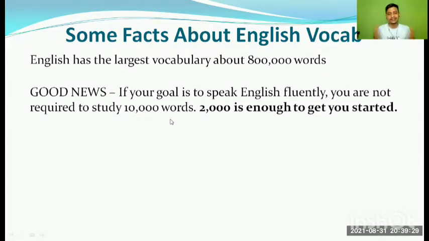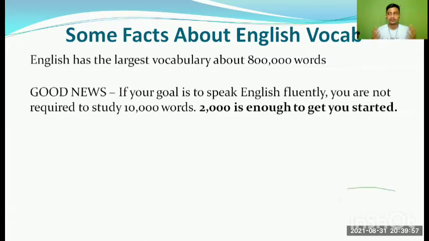So basically, the native speakers who speak English as their first language, the uneducated speakers, use around 10,000 words. They have a 10,000 vocabulary. Educated people have a 20,000 vocabulary. Now you might think, then what should I do?